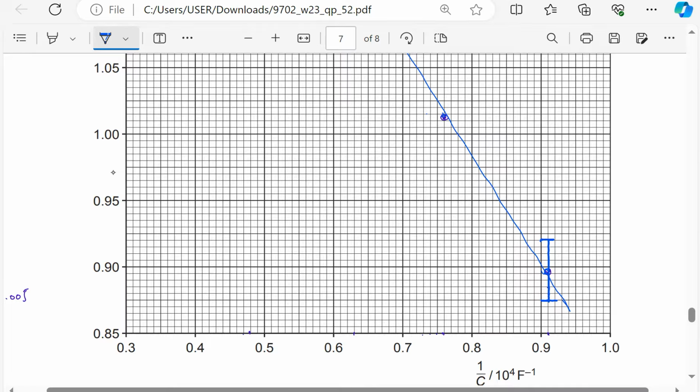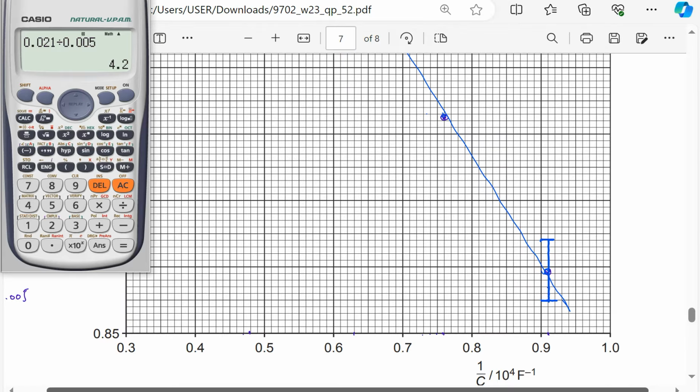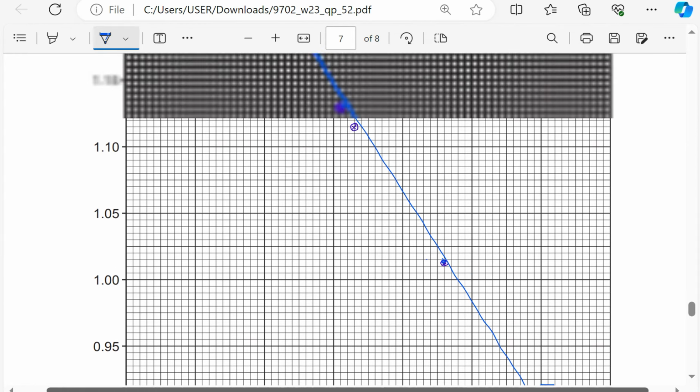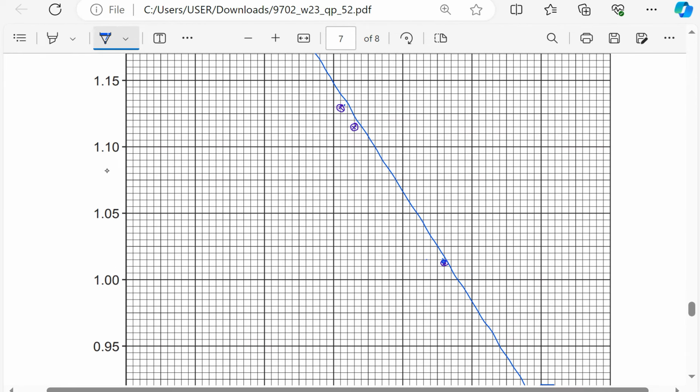The second error bar was 0.018. I can check with the scale. 0.018 divided by 0.005. Those are approximately 3.5 squares up and 3.5 squares down. So this was in the middle of the box. So I'll say 1, 2, 3. I can stop at 3.